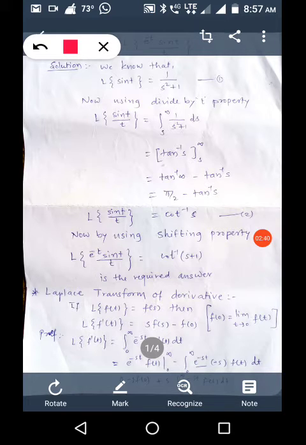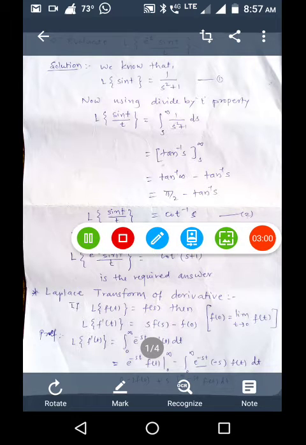Here f of 0 is nothing but the limit as t tends to 0 of f of t. f of t is given to you. So we are going to see the proof of this property.